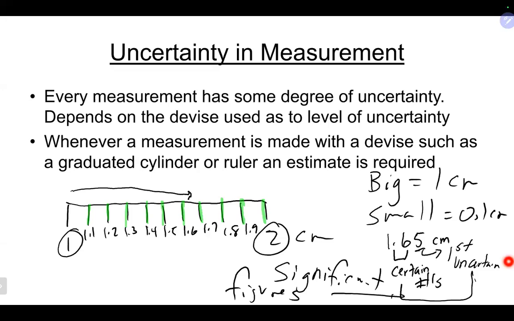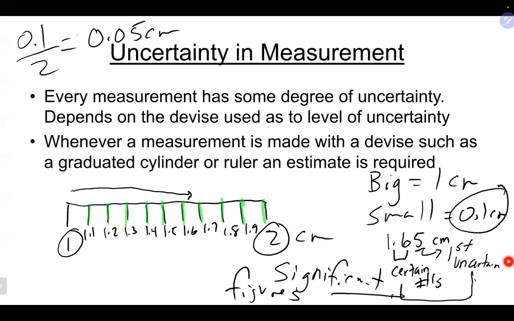Now, in general, you could take the reading to one more place to the right of the smallest number. You can figure out sort of the precision of the equipment by taking the smallest marking and dividing it by 2. So if I take 0.1 and divide it by 2, that gives me 0.05 centimeters.